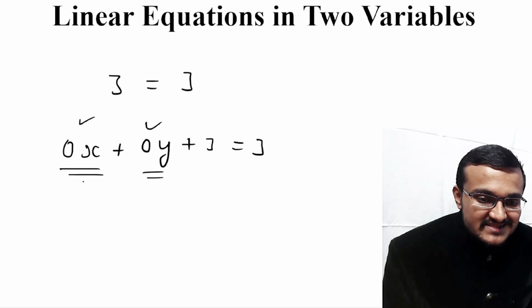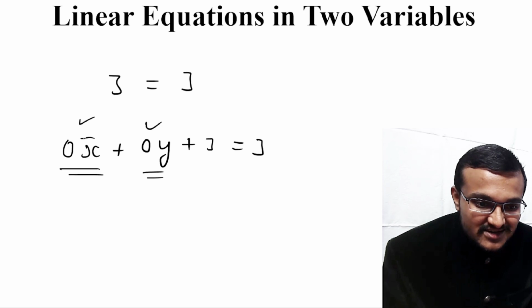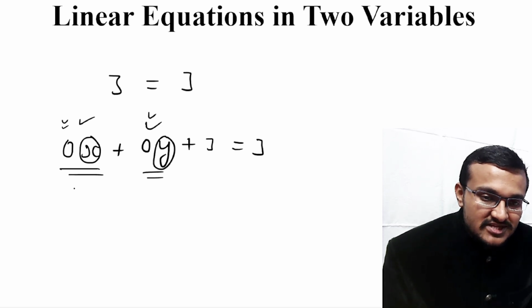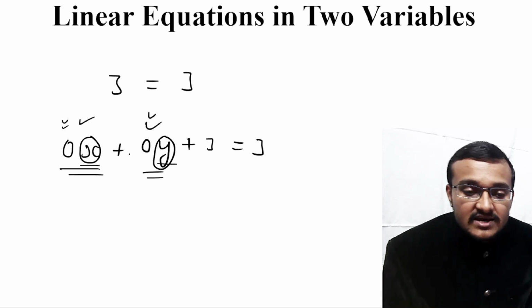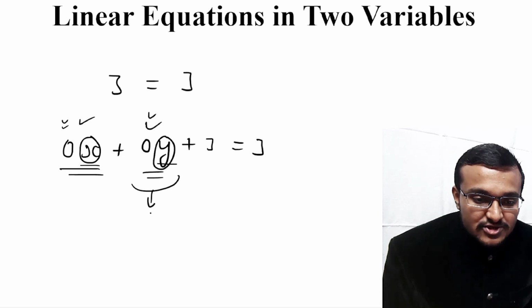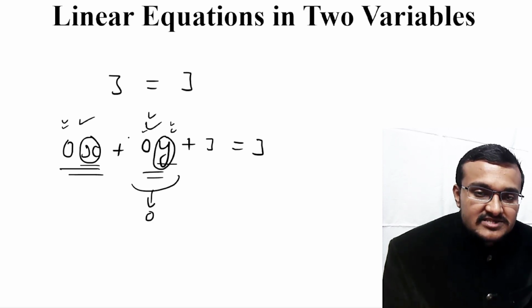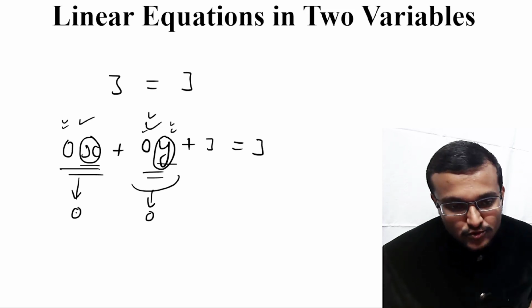So this is also a linear equation in two variables, because two variables are there, but the coefficients of these variables are equal to 0. So whatever value you put in x and whatever value you put in y, the entire term becomes 0, because whichever value you put here, it will be multiplied with 0 and you'll get 0 only.